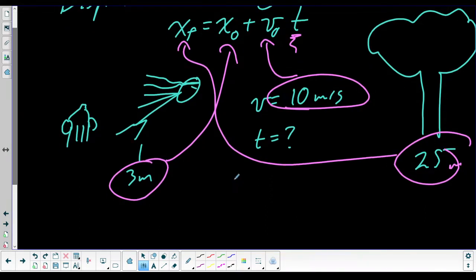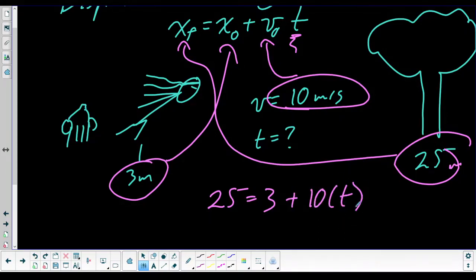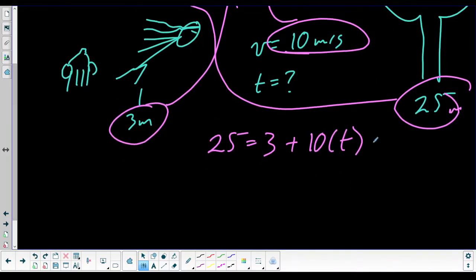Don't worry how you got going that fast yet. All right, let's plug these in and solve for t. So we have 25 equals 3 plus 10 times t. We don't know what t is. Meters, meters, meters per second. All things are in meters. Because we're putting in seconds, our time will come out in seconds. Now we just do some algebra.